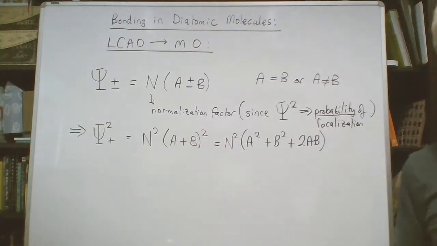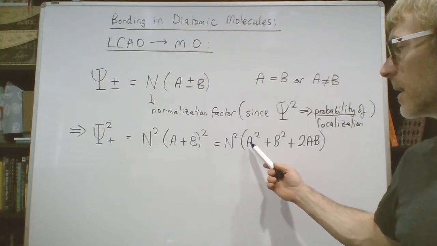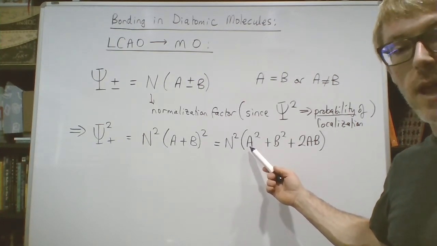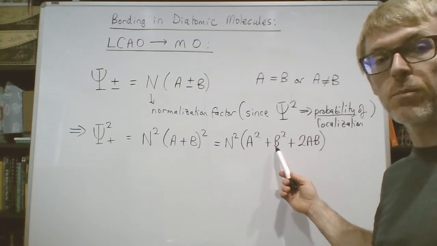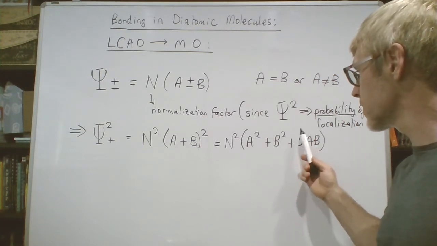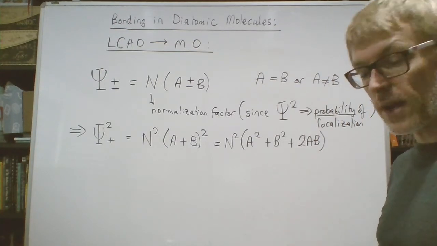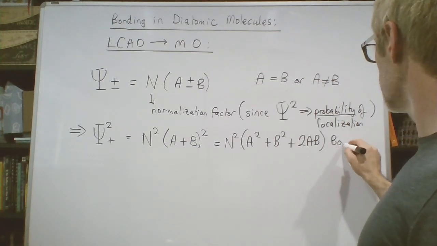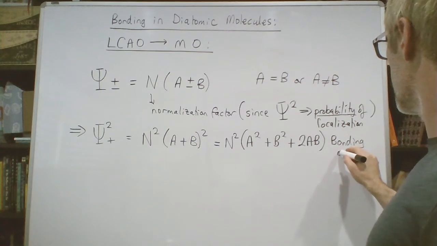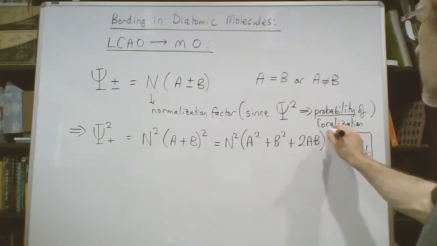So if I do the parentheses and square that out, notice I have the possibility that A's electron can be on A. I also have the probability that B's electron can be on B. But I also have this interference term where I've got a mixture of A and B now. So this is the interaction or the bond. And these are for bonding orbitals. So this whole expression is for bonding orbitals.